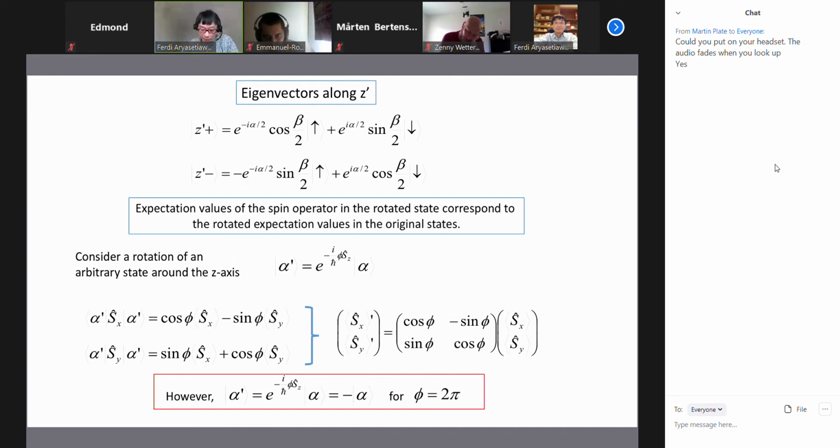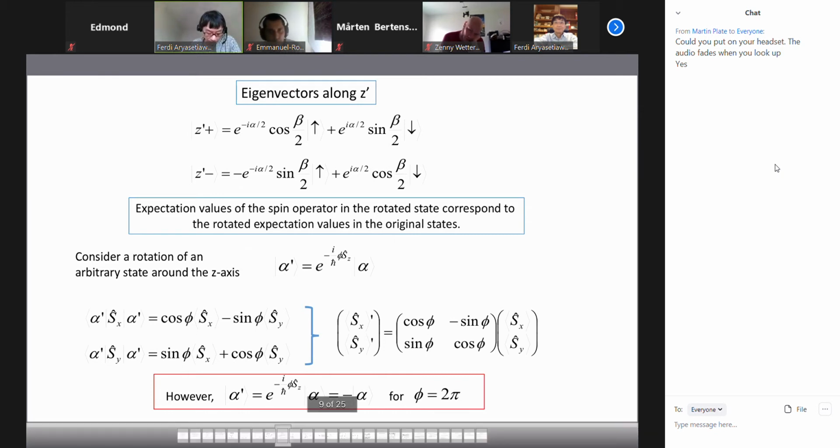What we want to show here is that if we start from some arbitrary state alpha, and let's say we make a rotation around the z-axis by angle phi.